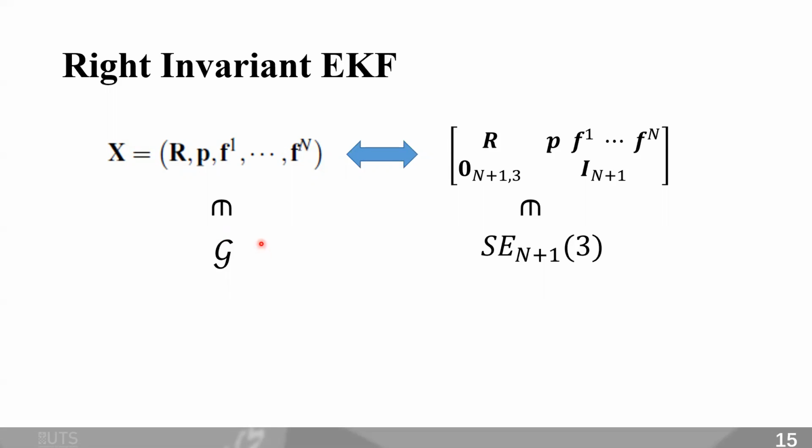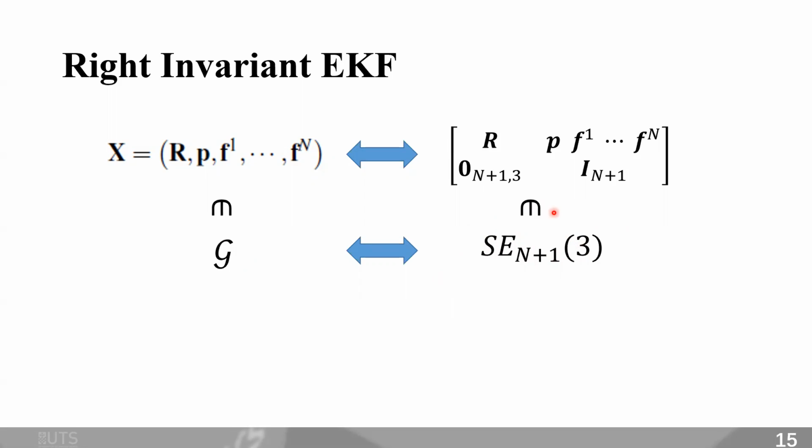We call this the state space. And we denote SE_{n+1}(3) to be the set containing all square matrices of this form. Because we equate the state vector to the matrix on the right, we can equate G with SE_{n+1}(3). And then we can prove that SE_{n+1}(3) is a Lie group under matrix multiplication.